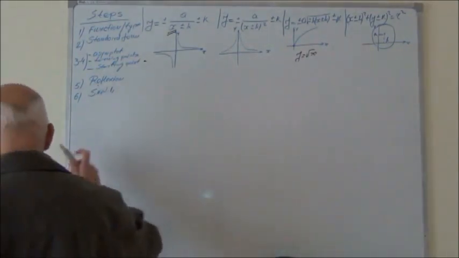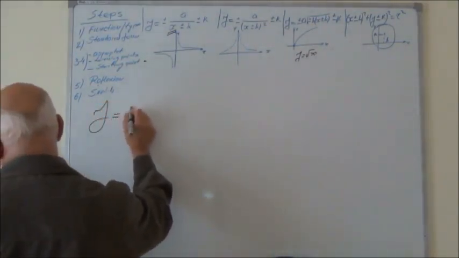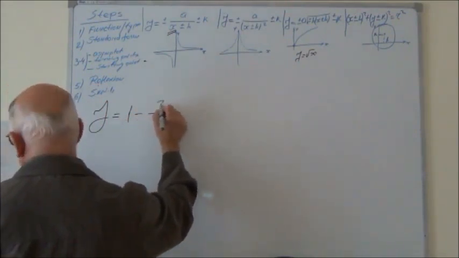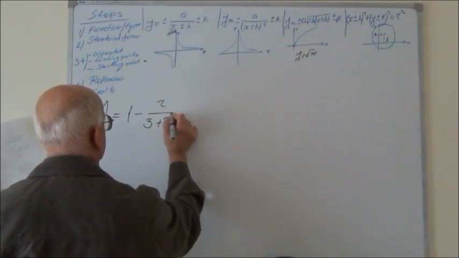Question 18 is y equal 1 minus 2 over 3 plus 2x.